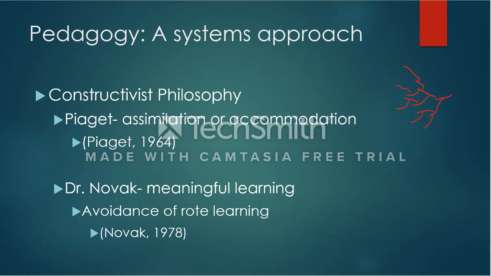It just fits nicely into your base of knowledge. On the other hand, accommodation to Piaget would be if you had your tree already set up and you got a new piece of information, but it didn't fit anywhere in your tree, so then you would have to rearrange your whole tree in order to fit that one piece of information into it. And so that would be accommodating.